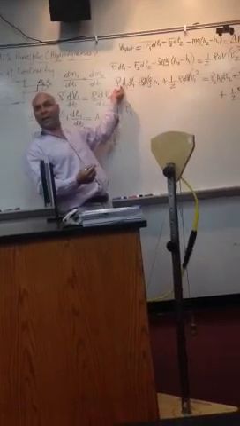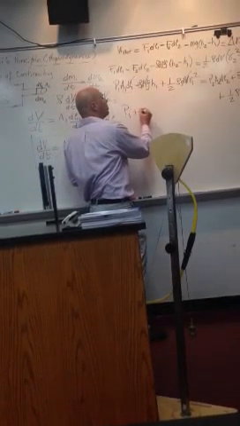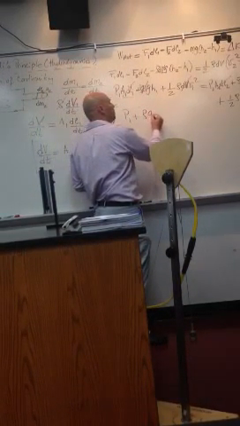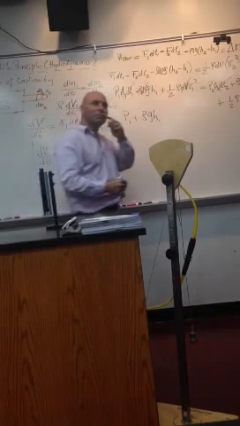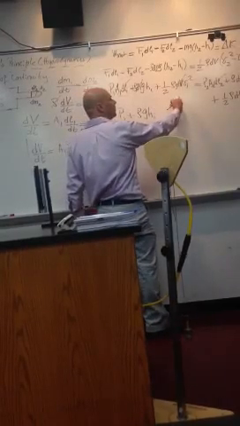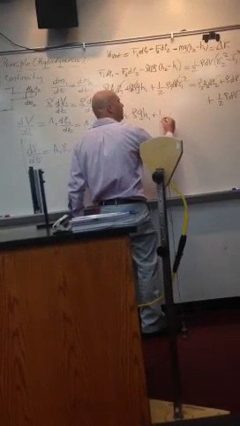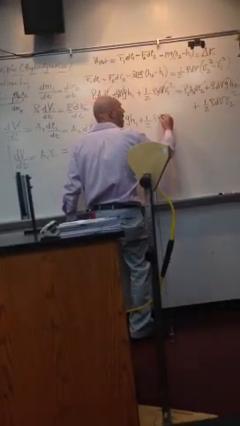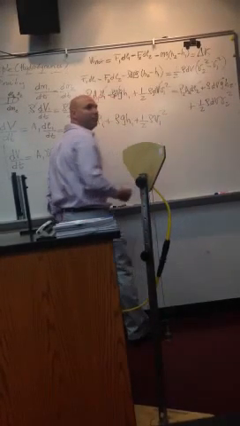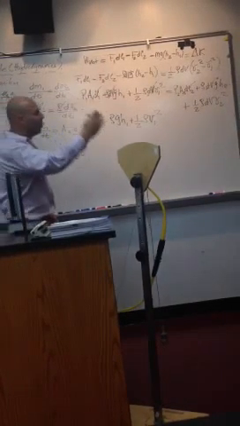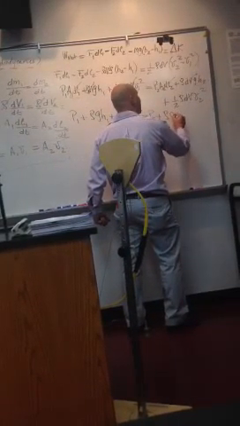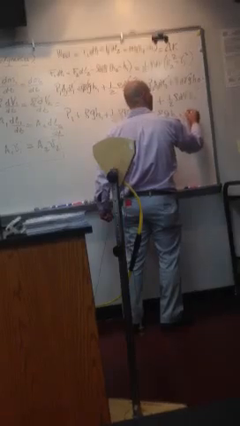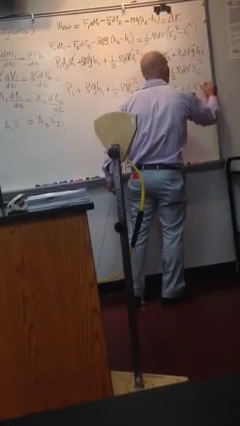Here I have 3 factors: P external plus rho gh plus 1/2 rho v1 squared, the velocity 1 squared. On the other side, I will have P2 plus rho gh2 plus 1/2 rho v2 squared.